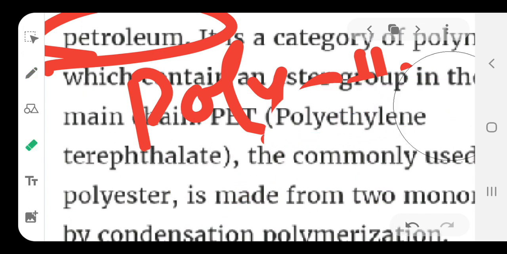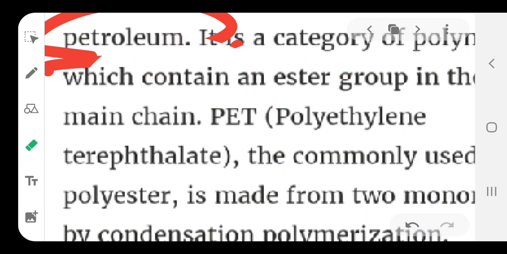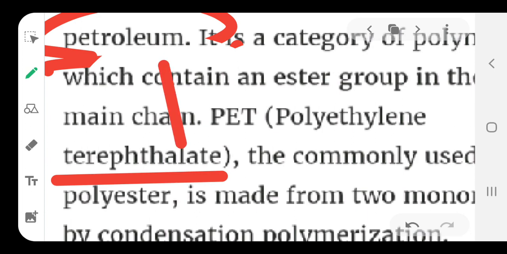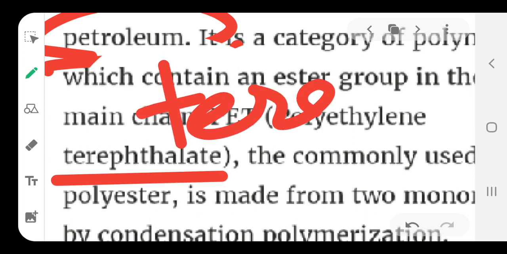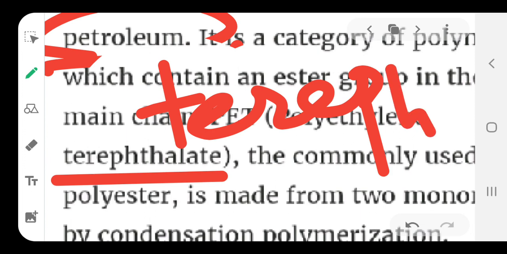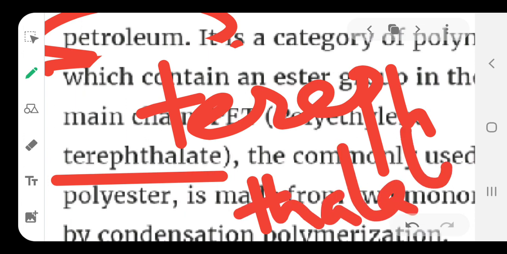Polyethylene, and T stands for terephthalate. Write down the word T-E-R-E-P-H-T-H-A-L-A-T-E, terephthalate. These are new terms for you people, and the names are mentioned in your textbook.